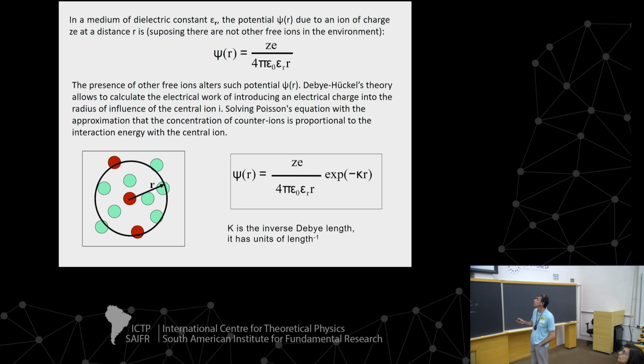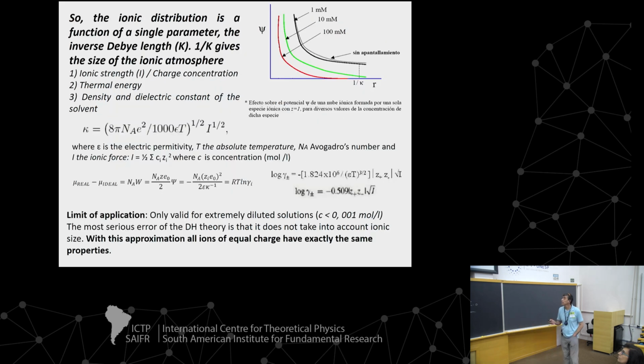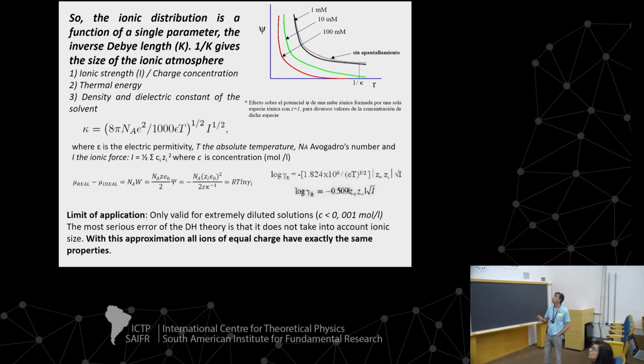In this sense, this potential depends only on this parameter, the inverse length, whose 1 over kappa gives you the size of the ionic atmosphere.